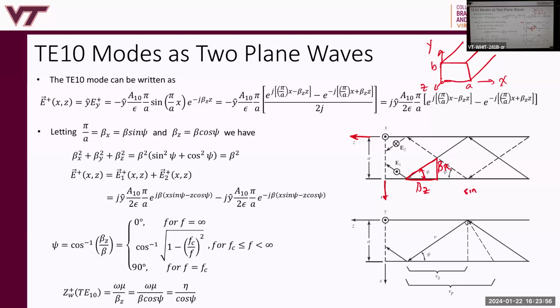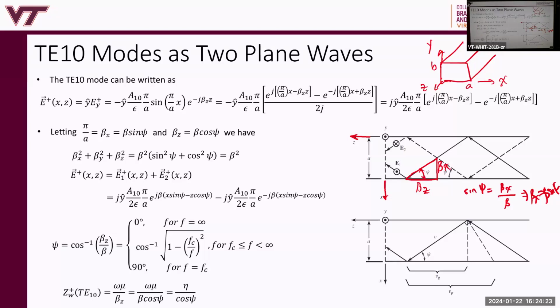Sine of psi equals opposite over hypotenuse, beta x divided by beta, or beta x equals beta sine of psi. It's kind of sloppy writing because I ran out of room. And then the other one is cosine: cosine gives you beta z over hypotenuse.